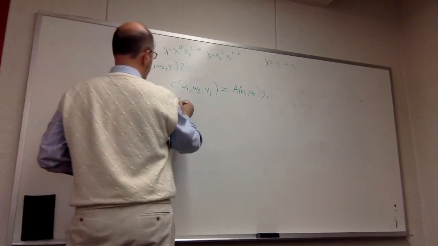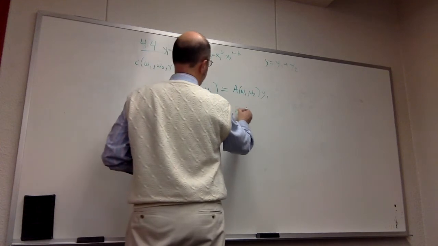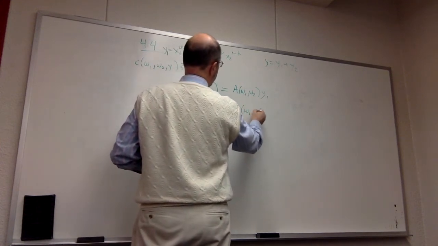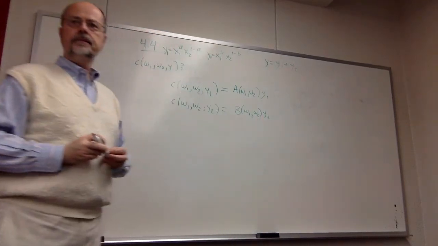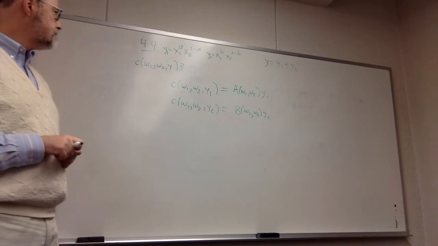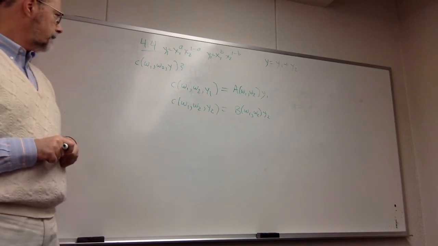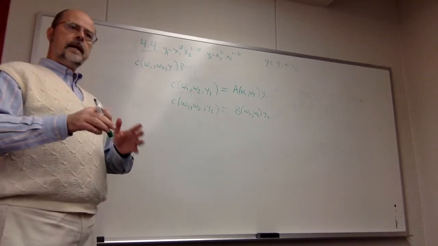So then the other one is going to be something, let's call it a function B of W1, W2 times Y2. All right. So, let's think of it this way.